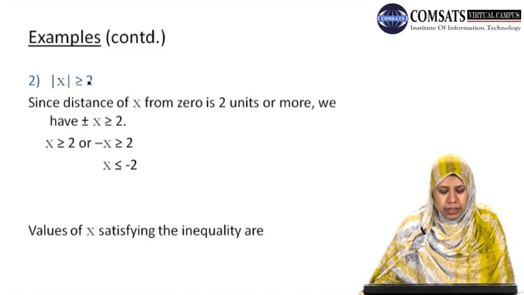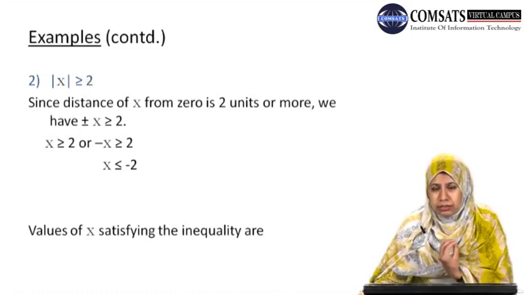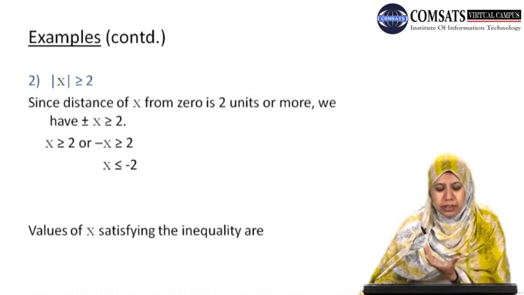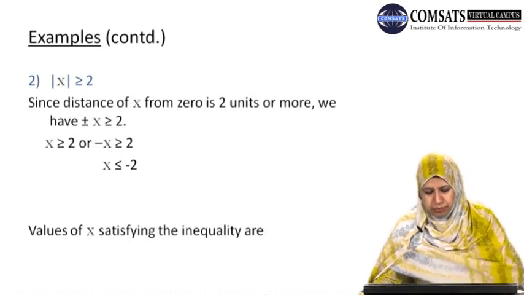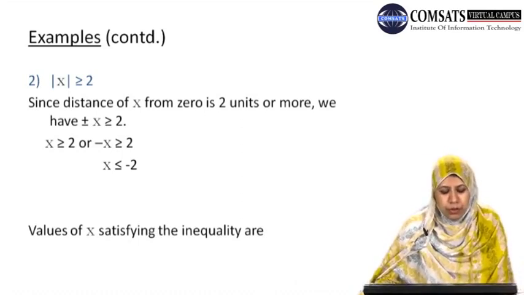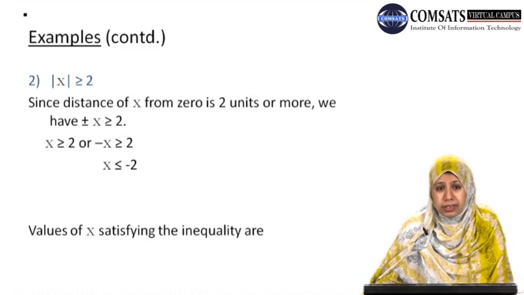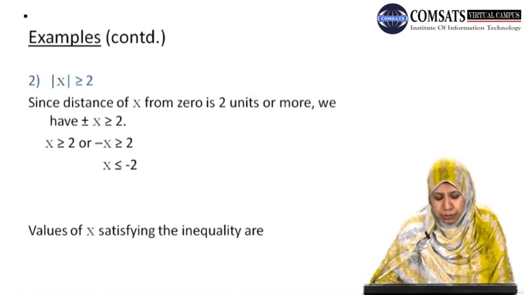Okay, now consider a second example, that is absolute value of x is greater than or equal to 2. Here we have a non-strict inequality, and the distance of the number is at least 2 units away from 0. When we remove the absolute value sign, we obtain plus or minus x is greater than or equal to 2.